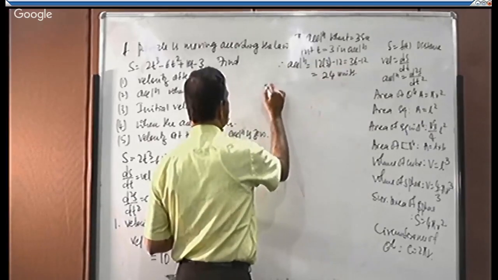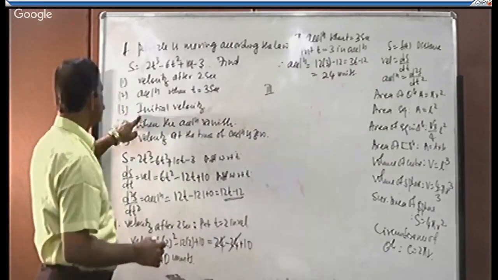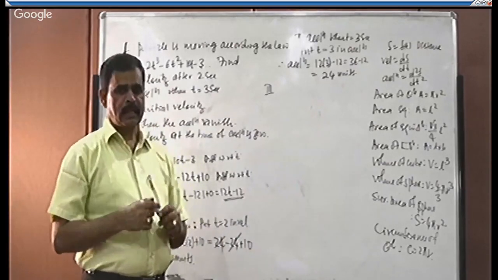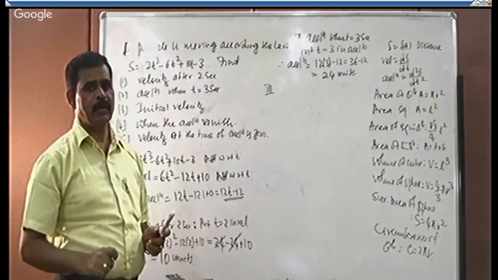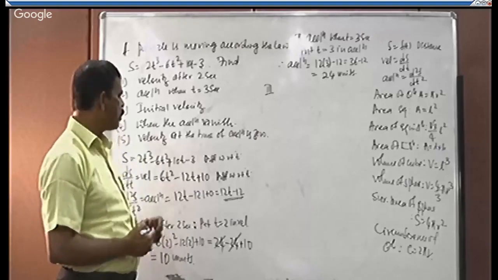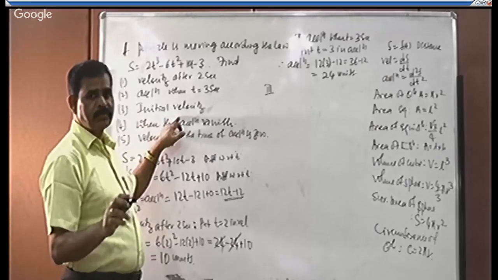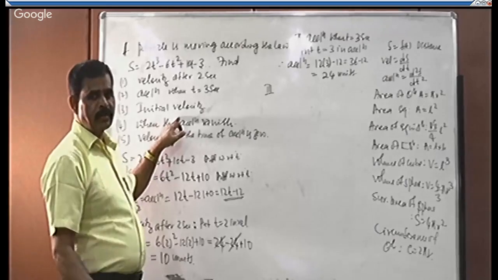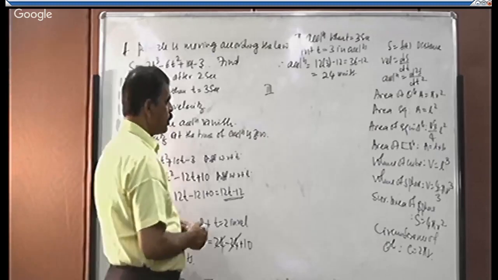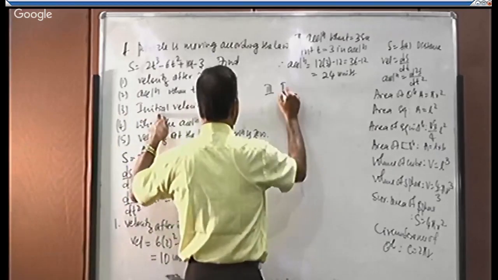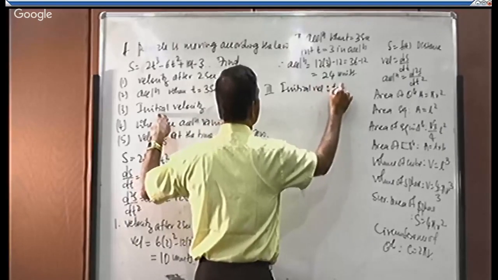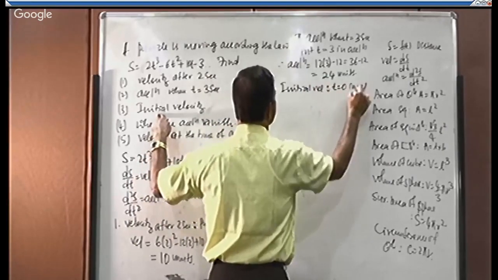Third one. What is third one? Initial velocity. Initial velocity means the velocity at the beginning. At the beginning, what is the time? It is equal to 0. Don't treat initial velocity as meaning velocity is 0. No. At the initial velocity, the time will become 0. Time is yet to start. Therefore, for initial velocity, we have to take t is equal to 0 in velocity.